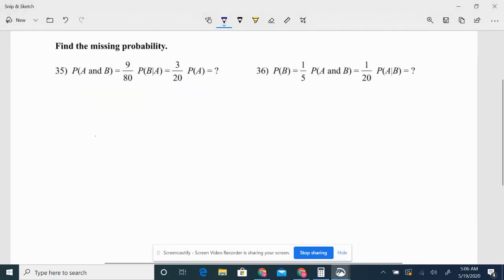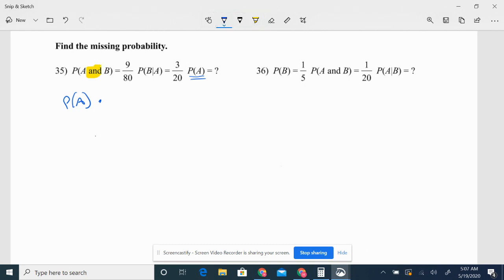All right, so let's take a look at 35 and 36. Now here, for question 35, since I have to deal with probability of A, I'm going to say probability of A times, and I'm using times because I see the word and being used.